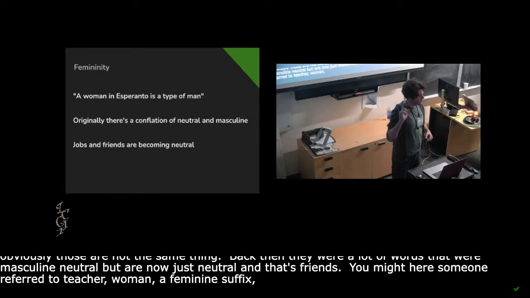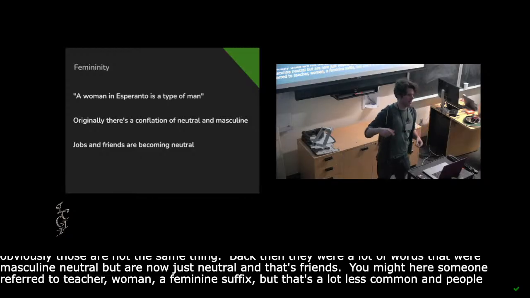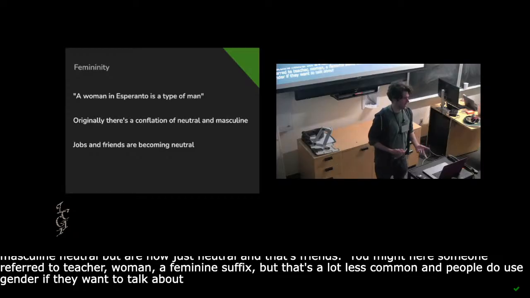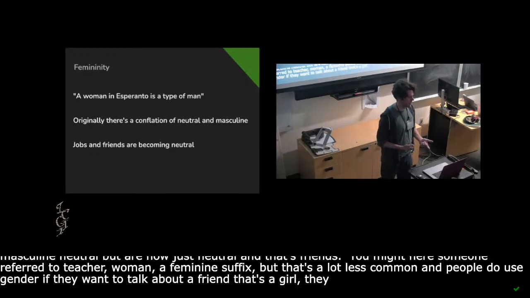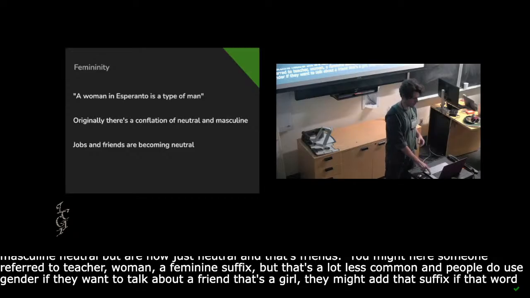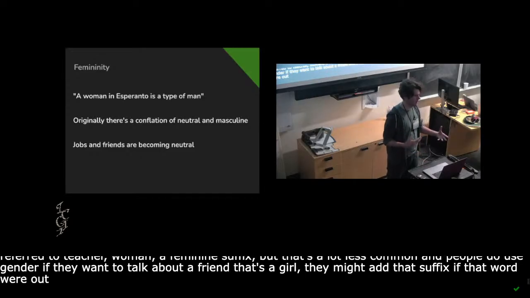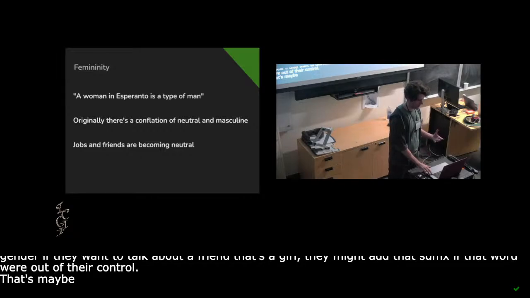People do still sometimes use gender when referring to their friends. If they want to talk about a friend who's a girl, they might add that suffix where it would be unnecessary if that word were inherently neutral. I think that's maybe an effect of Romance languages, where there is a gender marking on the word friend.